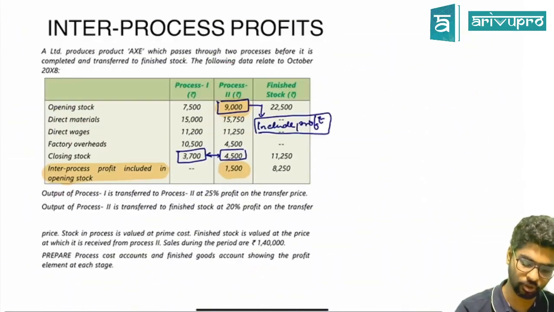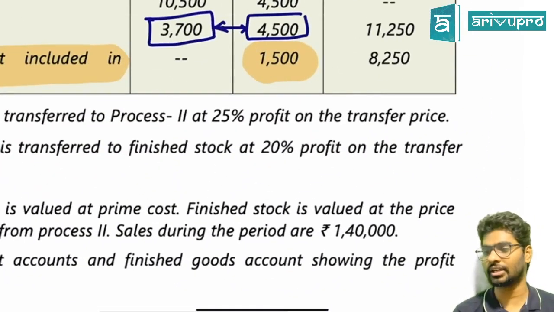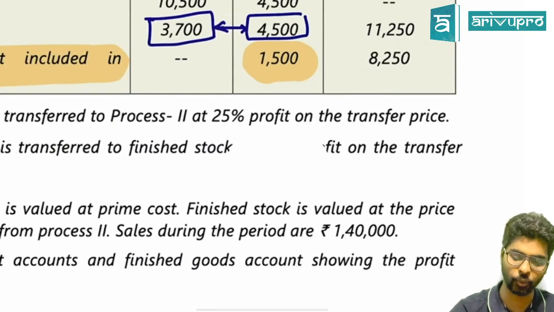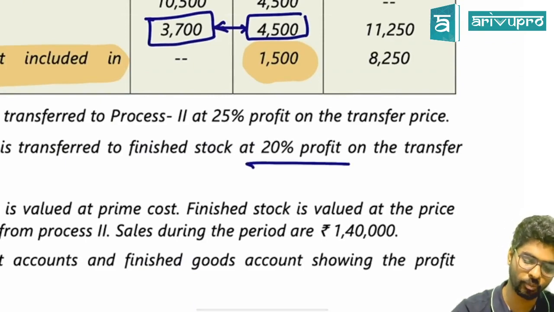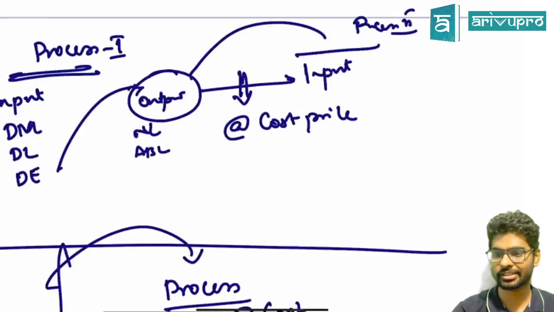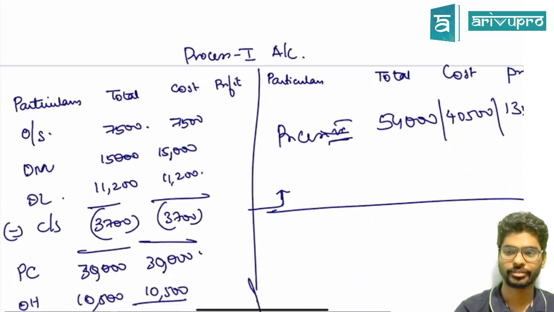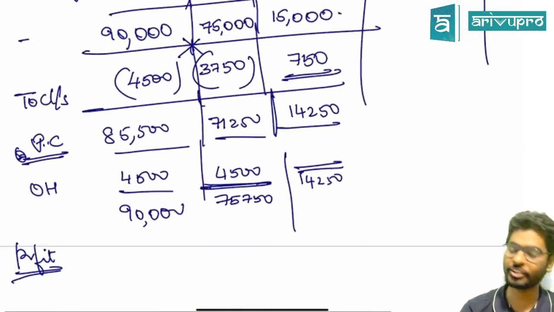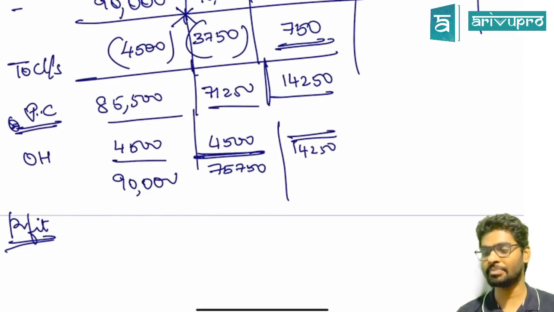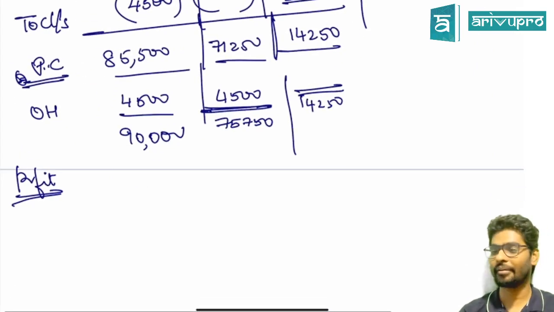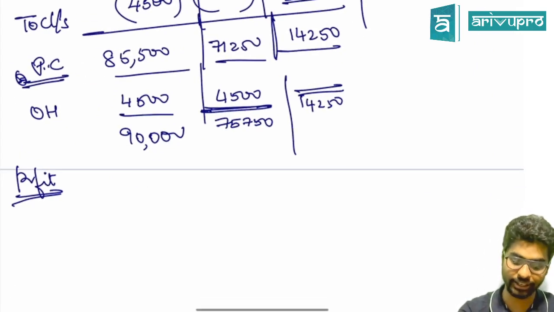Okay, now at what price do they want you to transfer? They want you to transfer at 20% on the transfer price. They want you to transfer at what? 20% of the profit. Are you going to be calculating, guys? See here.